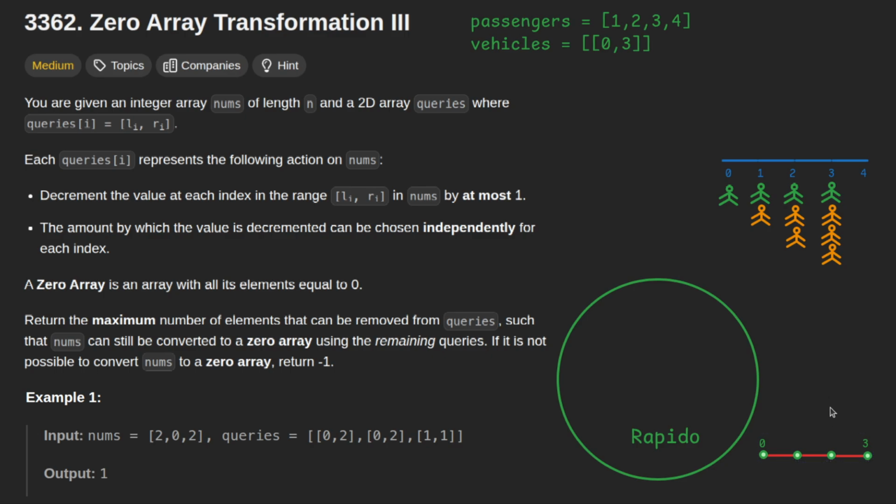Initially Rapido will ask: is there any passenger interested in going to sector 0? Yes. Is there any captain interested in going to sector 0? Yes. So it assigns him, as it does not have more options.